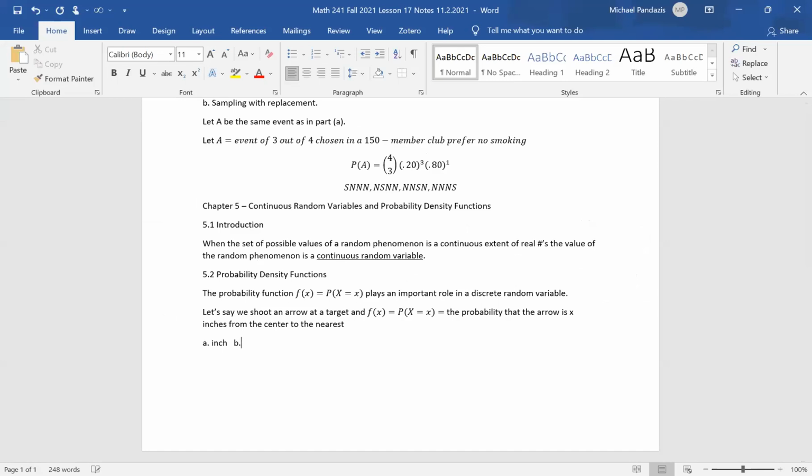Okay, so you have A, B, inch, and then C is the limit of the probability histogram. Okay, so C, whiteboard.